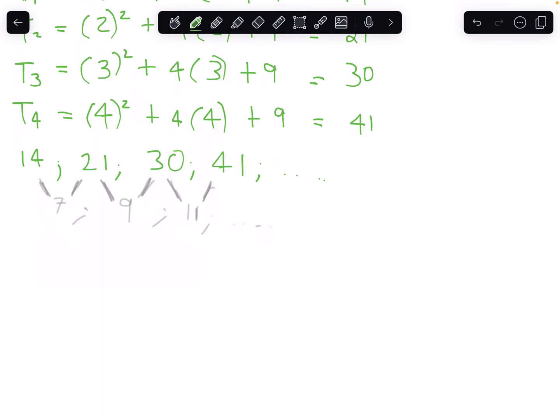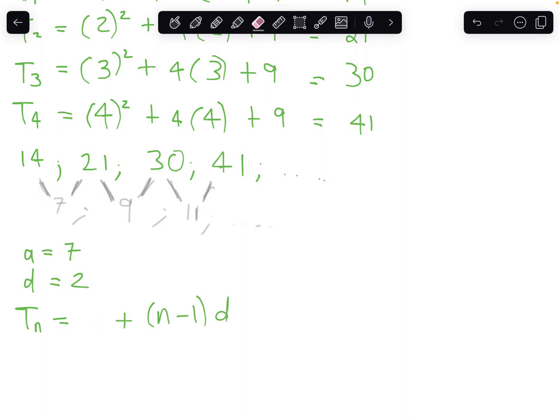So using the arithmetic formula, a is 7, not to be confused with the a from the quadratic pattern. a as in the first term of the arithmetic sequence is 7. d is 2. n is whatever you want it to be. So for the general term, we know that it's a plus n minus 1 times d.